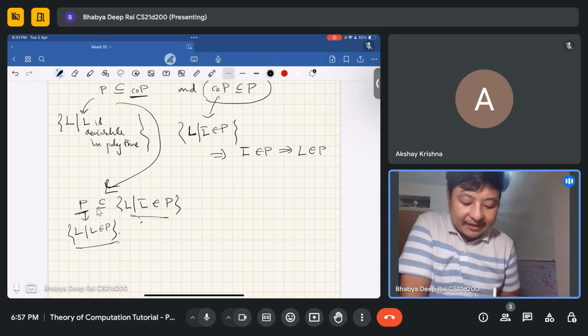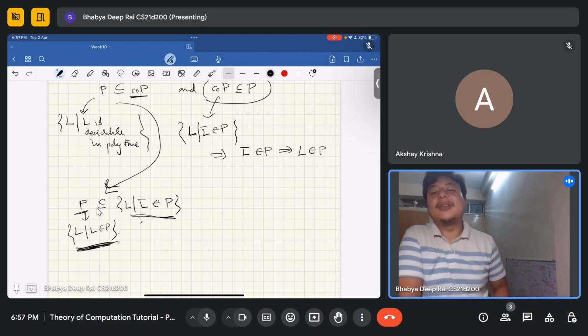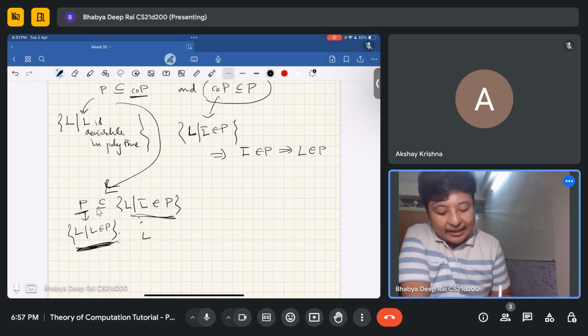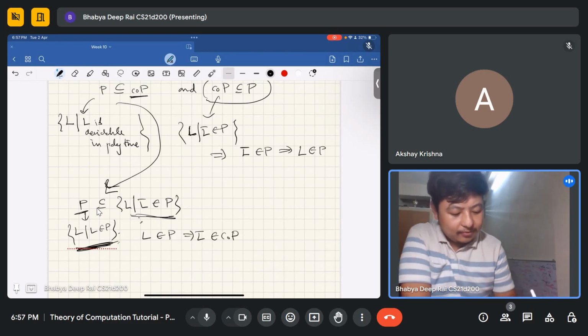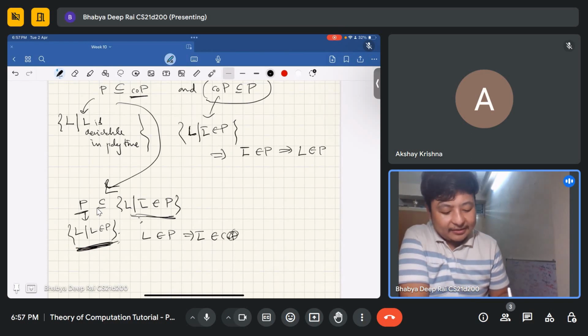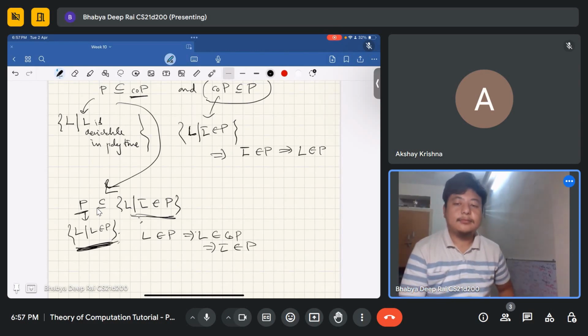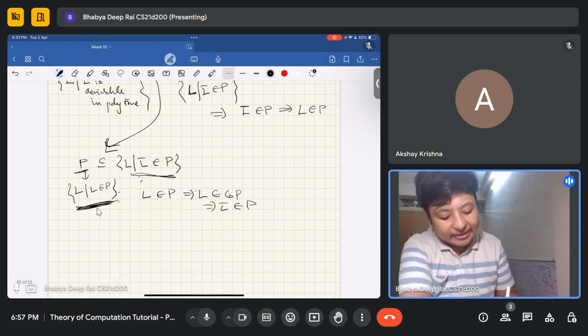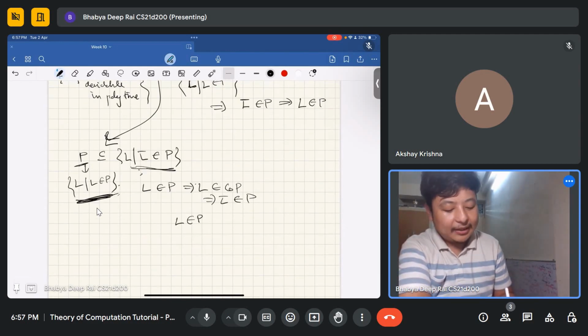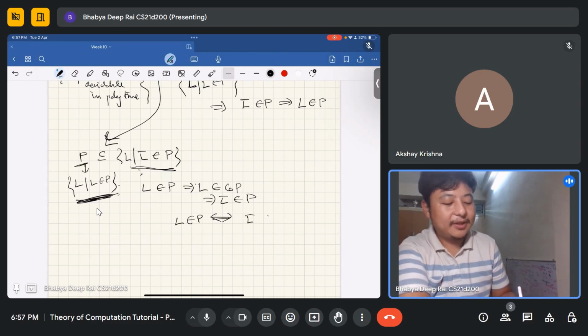Both the left hand side and right hand side are equal, which means that any L here, its complement is also in P. So if L is in P, then L is in coP, which means that L bar is in P. Together, what does it mean? L is in P if and only if L bar is in P.